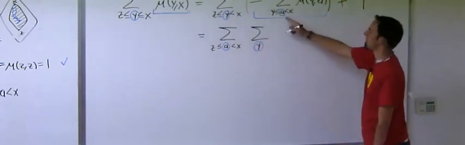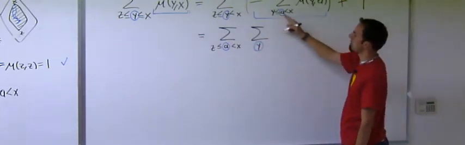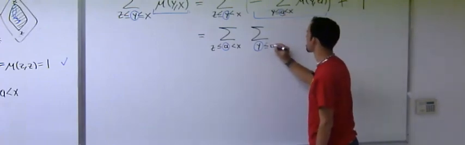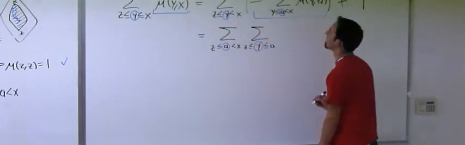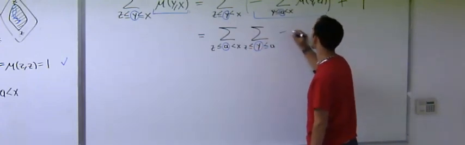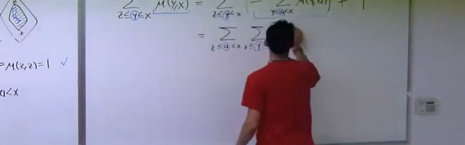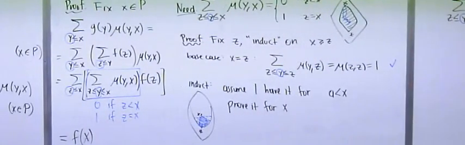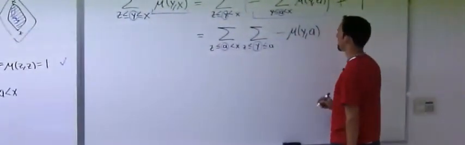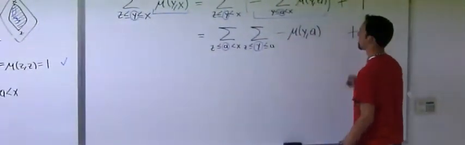And which y's am I adding over? They are the y's that are less than or equal to a and bigger than or equal to z. And I get minus mu of y comma a. And then plus 1.